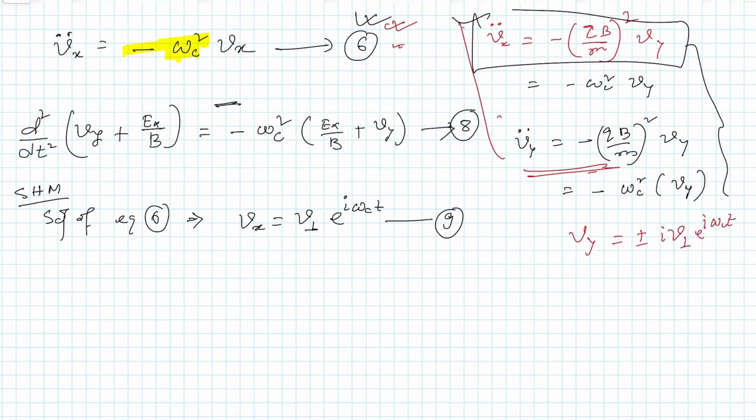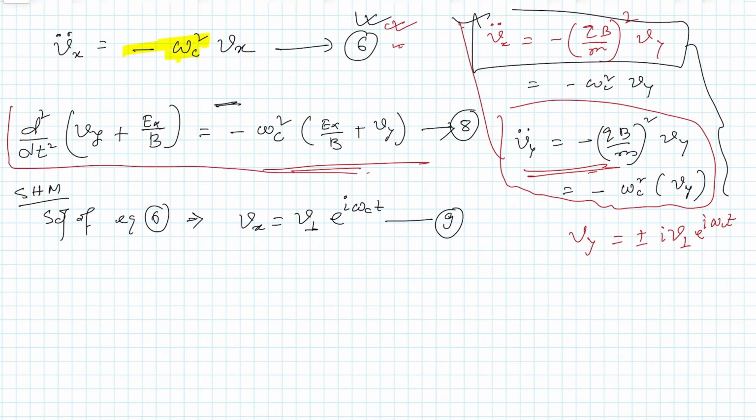Now if you compare this equation with this one, these two are similar types of equations, but here we have one extra term, Ex by B, which is not in this equation. So if the solution of this equation is this one, then what will the solution of this equation be? Let me show you.